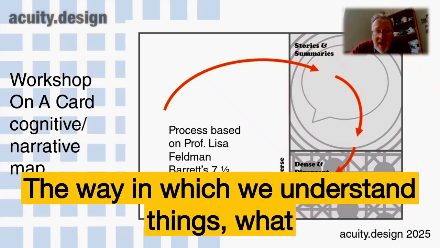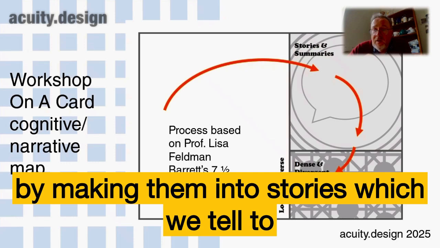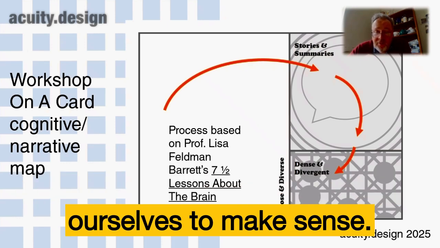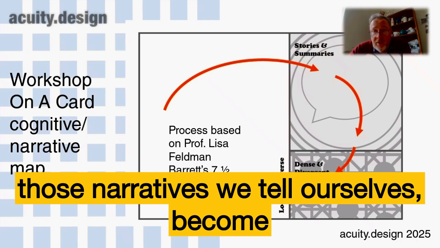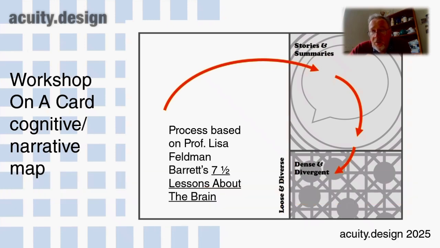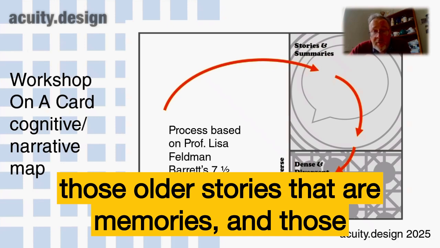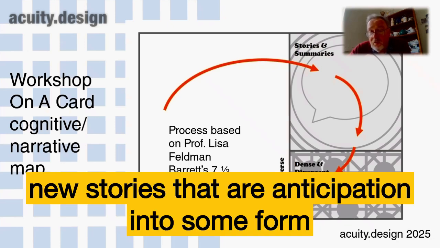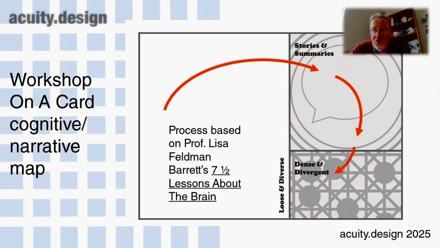The way in which we understand things, what we sense, what we perceive, what we're told, is by making them into stories which we tell to ourselves to make sense. And those stories, those packages of content, those narratives we tell ourselves, become the packages which we then use in cognition, because then they are sorted alongside those older stories, our memories, and those new stories, our anticipations, into some form of ability to be able to make decisions and choices.